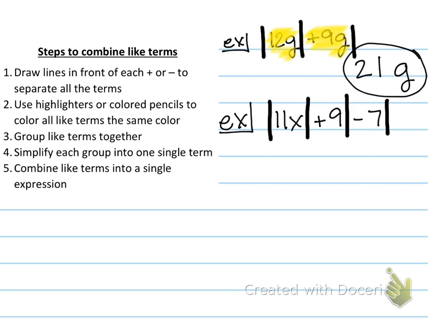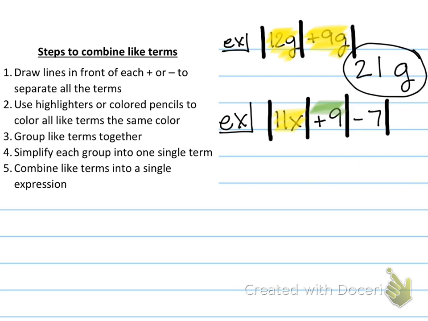So now I'm going to use highlighters to color code these terms so that I can see which terms are like terms. So I'm going to start with my first term, 11x. And now I look through the rest of the expression to see if there are any other terms that have an x in it. And I don't see any. So I'm going to change colors now.